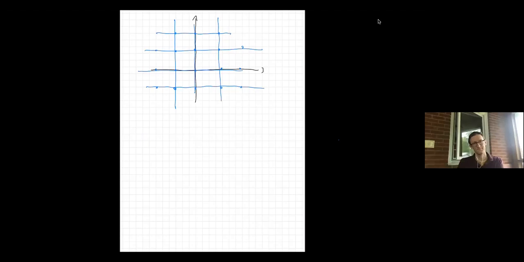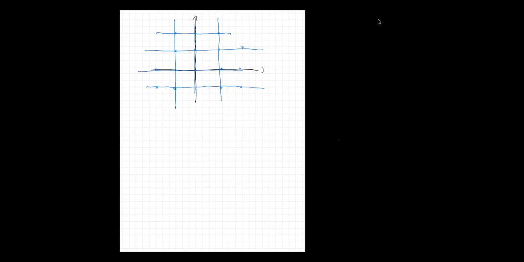And now I can use the Riemann-Roch function to form a filtration of this R to the n with simplicial pieces. And what are the pieces of the filtration?